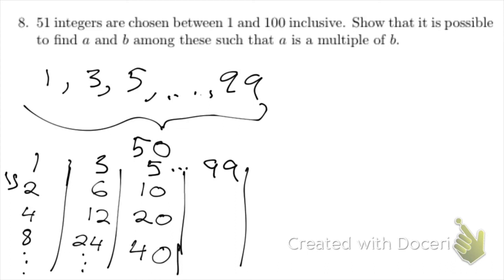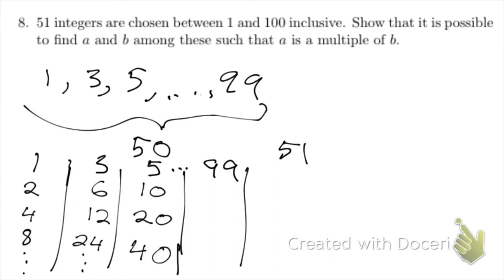Given that, we have every possible odd number along the top and every possible even number lower in the columns. So every single number is here in one of these pigeonholes, and we have 51 numbers. We're picking 51 numbers that we're going to slot into these 50 pigeonholes.